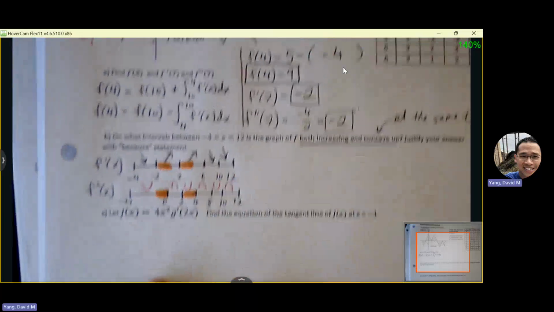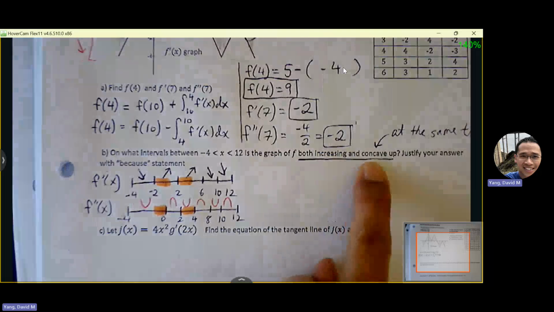We can also tell by looking at the graph as well. Increasing means above the x-axis. Concave up means positive slope.